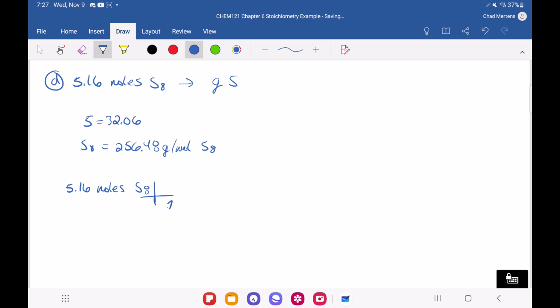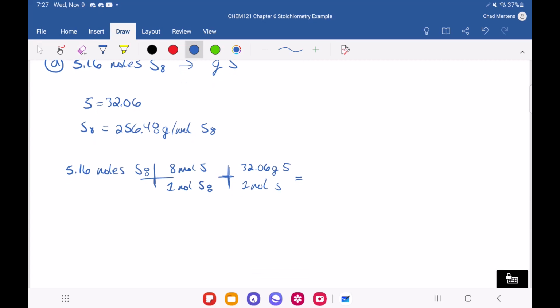To cancel moles and end in grams, we know that 1 mole of sulfur is equal to 32.06 grams of sulfur.